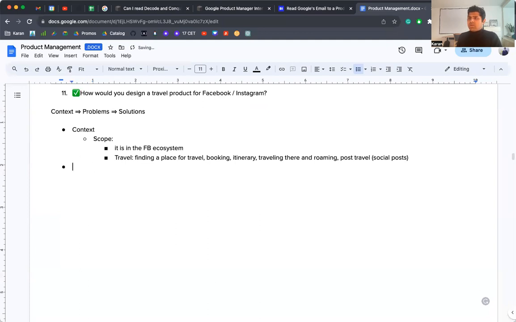Okay, so that's our scope. In terms of constraints, let's assume that we do not have any time or resource constraints, and then move towards the goal of why we want to do it. What I mean is, social media content on Facebook or Instagram is of different types.